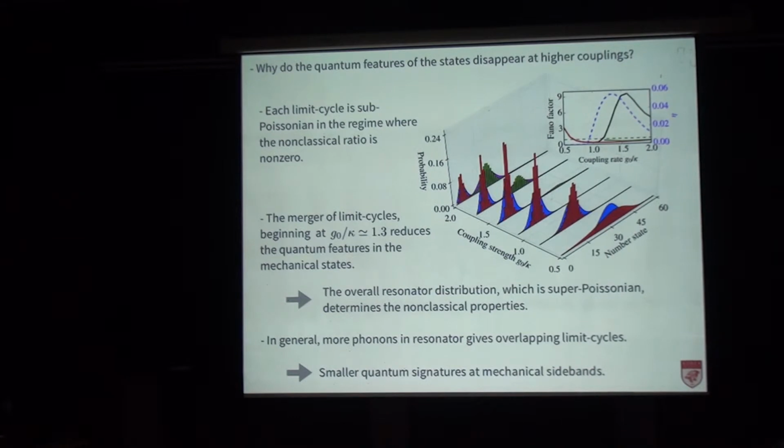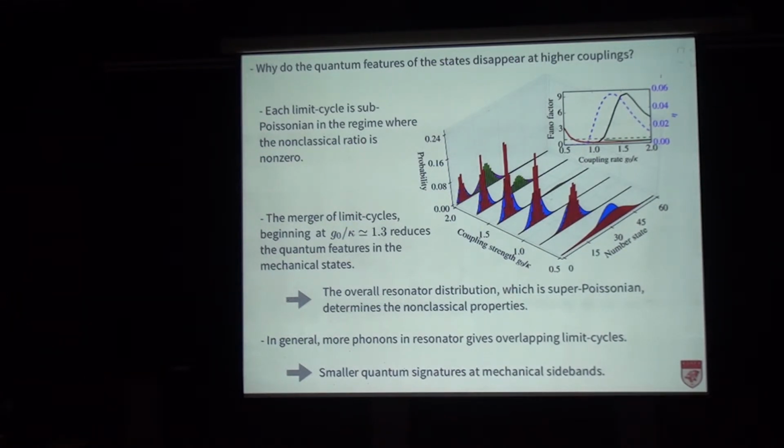It turns out that if these two limit cycles are separated enough in this number state basis, I can consider them separately. They're very far apart, they don't interact, and I can consider each one as a separate distribution. But as I crank up the coupling strength, these limit cycles begin to merge, and I can't partition them into two separate limit cycles.